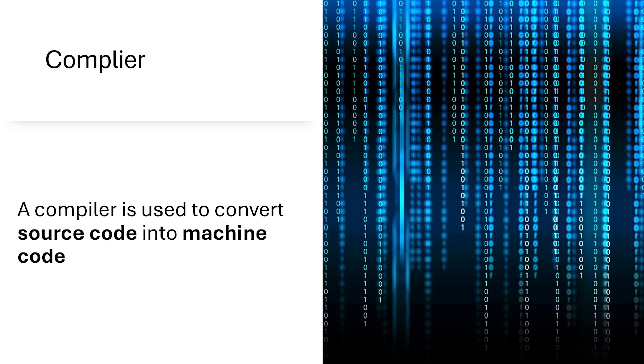So here now we have a compiler. Now, what is a compiler? A compiler is a tool that is used to convert source code into machine code. Now, you're seeing some terms and it may seem strange to you. A lot of terms in IT are interchangeable.